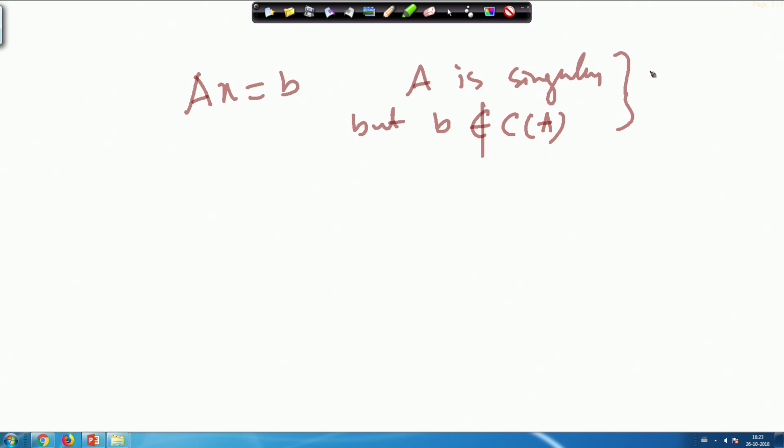If b does not belong to the column space of A, there is no solution. For having any solution, the right hand side vector must be a member of the column space of the main matrix.